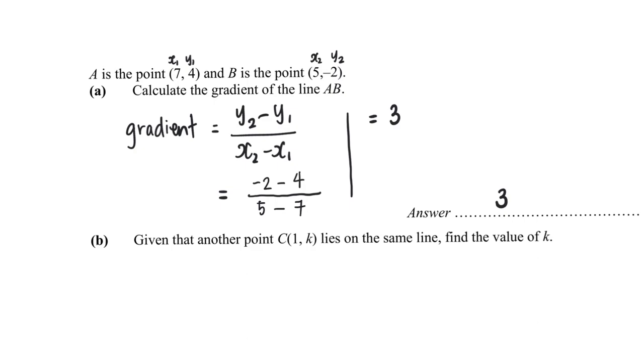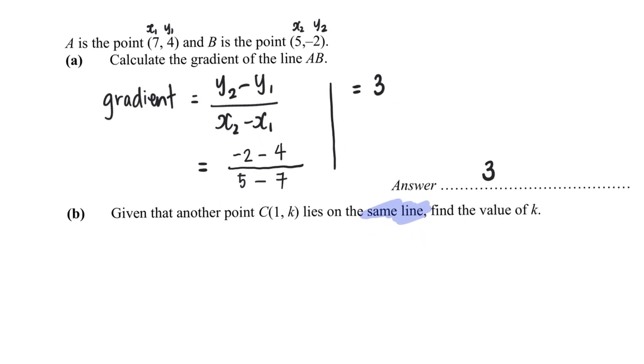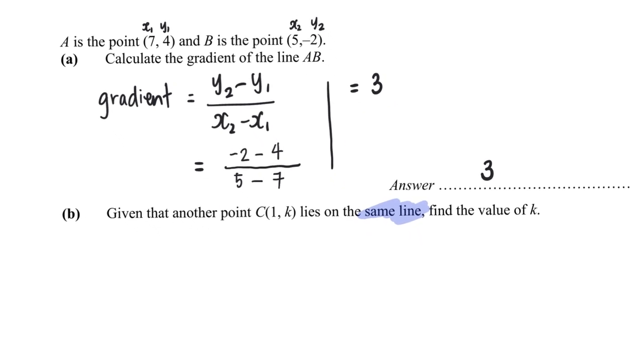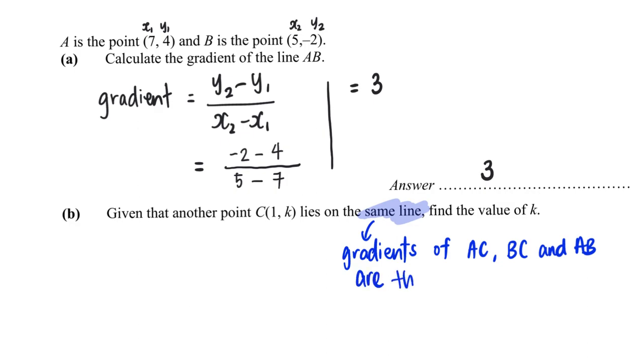Next, this is an important clue. This means that the gradient of AC, BC, and AB are the same since they lie on the same straight line.